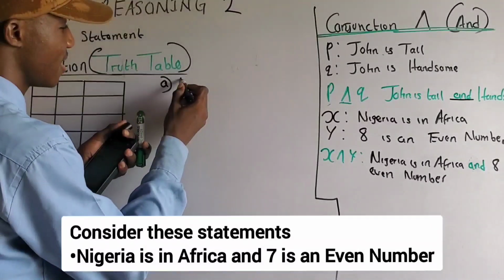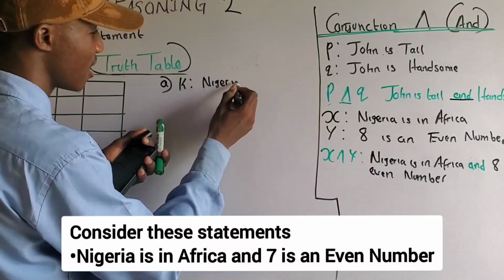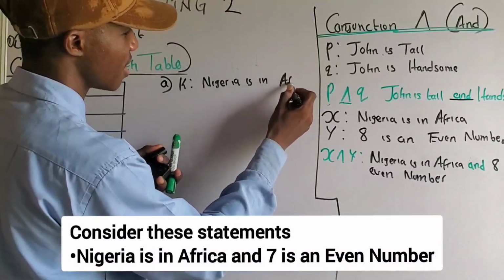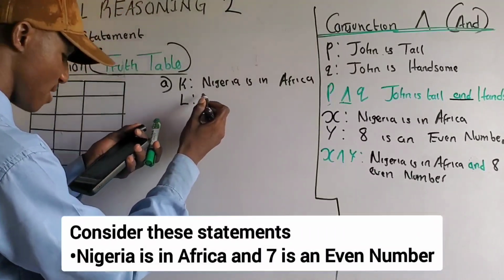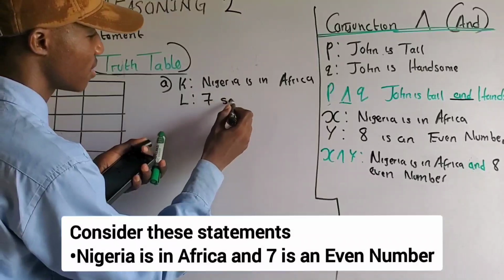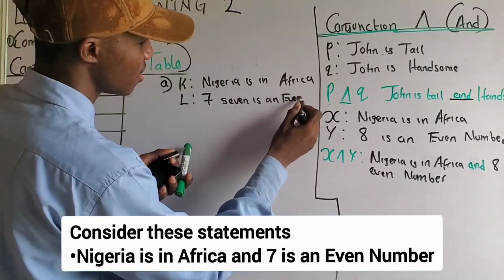Let K represent Nigeria is in Africa, and let L represent 7 is an even number.